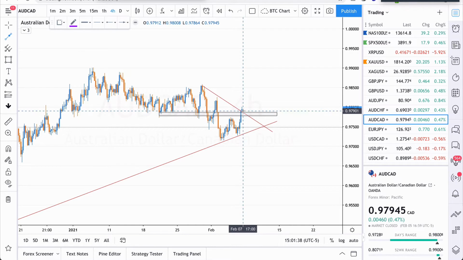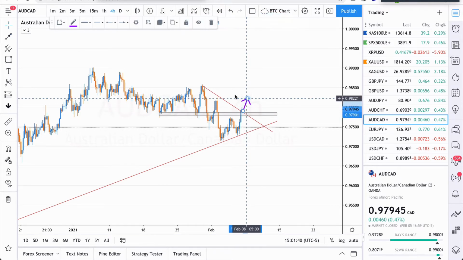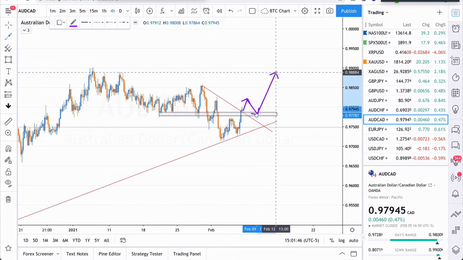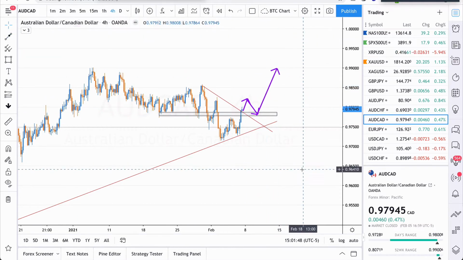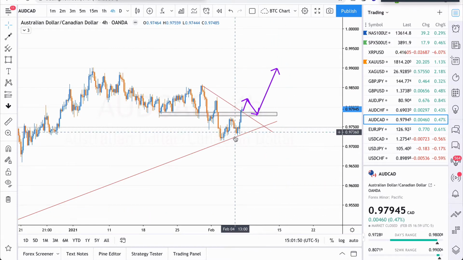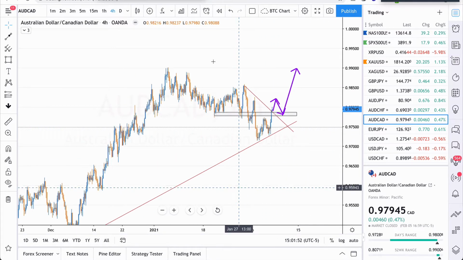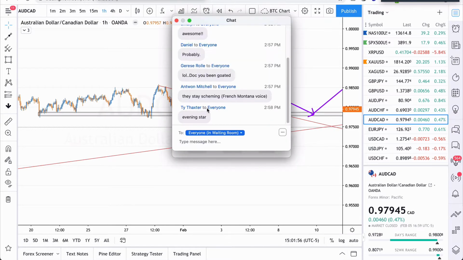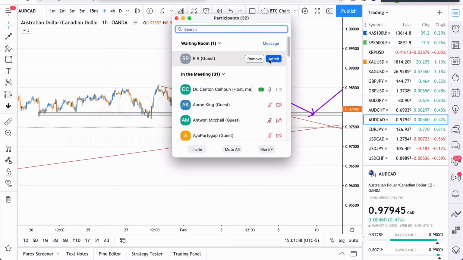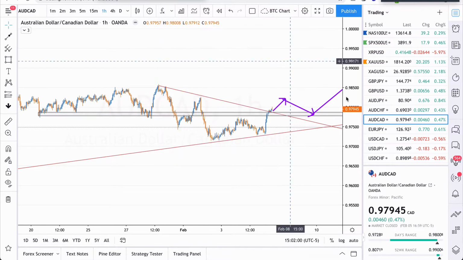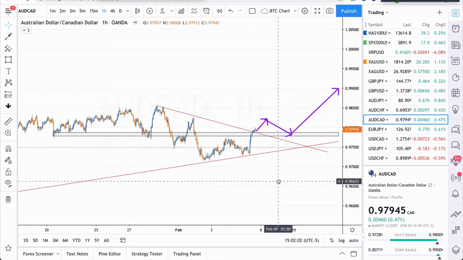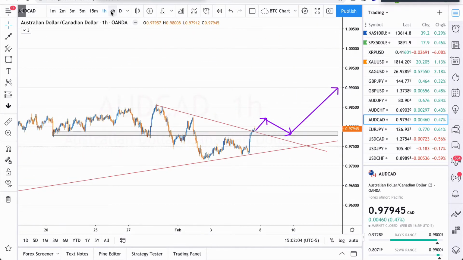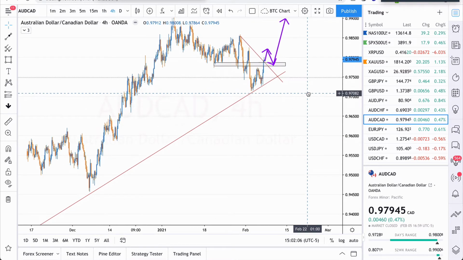You look for a push, a come back into this area, and then a push up right here. If not, just take it down. Like I said, this is not as clean, but it's still there.